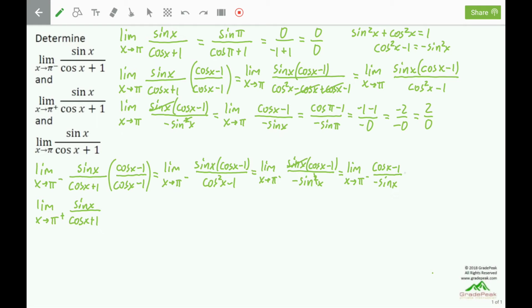Pi can then plug in for all remaining x's, which will give a cosine of pi minus 1 divided by a negative of, the sine can be replaced with a positive 0, as x approaches pi, sine approaches 0, but it stays positive the whole time. Cosine of pi is a negative 1 minus 1. A negative of a positive is a negative 0, so it's negative 2 divided by negative 0. Negative over negative is positive. Non-zero over 0 is an infinity, and there is the result of the left-sided limit.